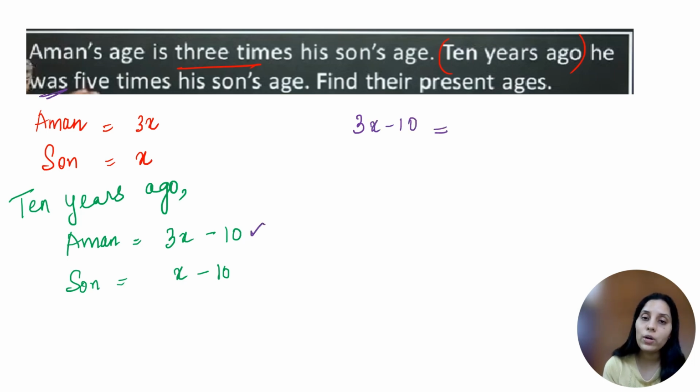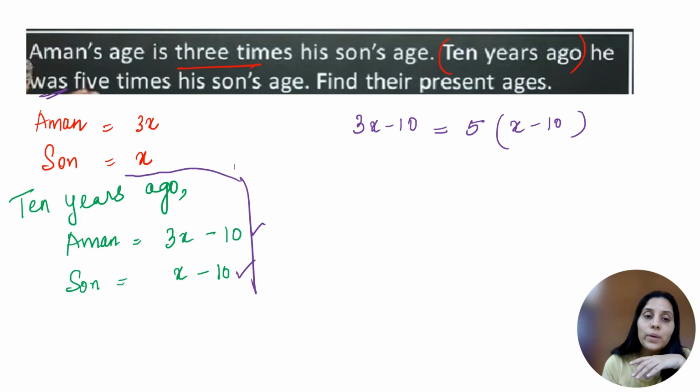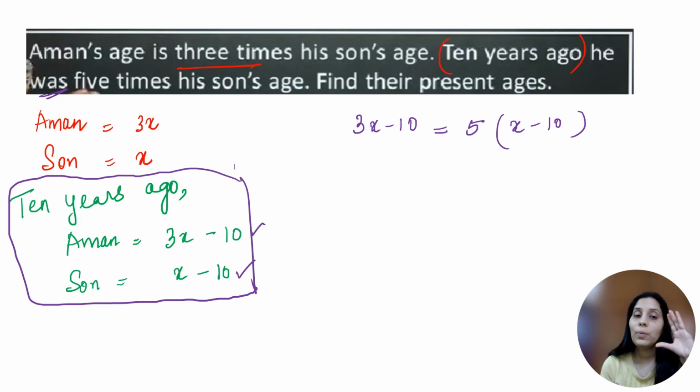Was means equal to, 5 means 5, times means multiplication. His son's age 10 years ago is x minus 10. This is how you frame the equation. Very simple. I want everyone to mention this part. Most students do not do this. Make sure you write this part and then only frame the equation.